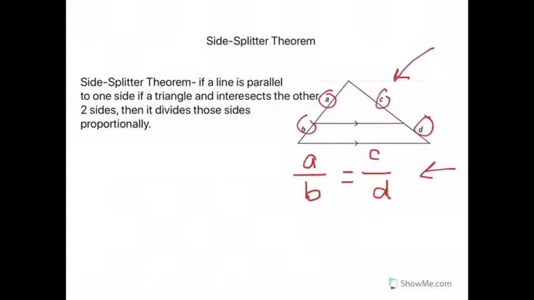A is to B as C is to D. And using this idea, we can solve a lot of problems that deal with triangles if we're missing A, B, C, or D.